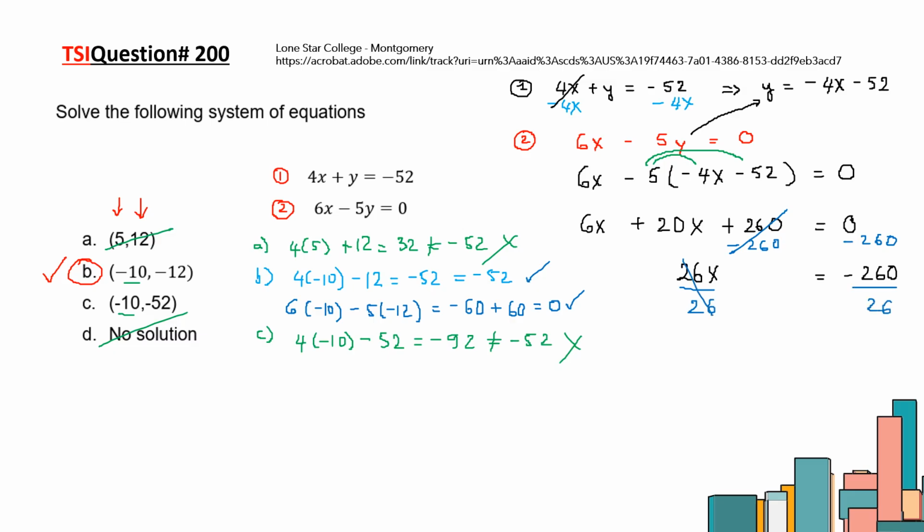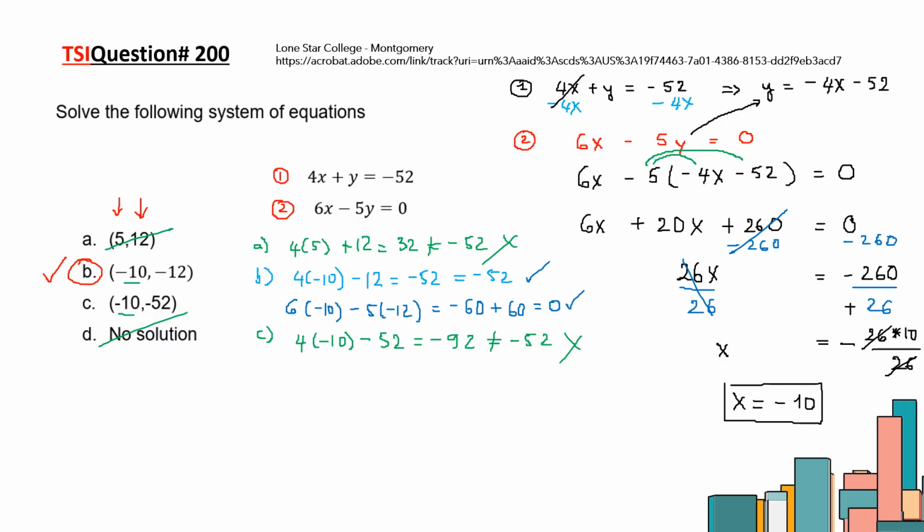You will have x equal to negative 260 divided by 26, a negative divided by a positive is negative. 26 times 10 divided by 26, you cancel this 26. You have finally x equals negative 10.